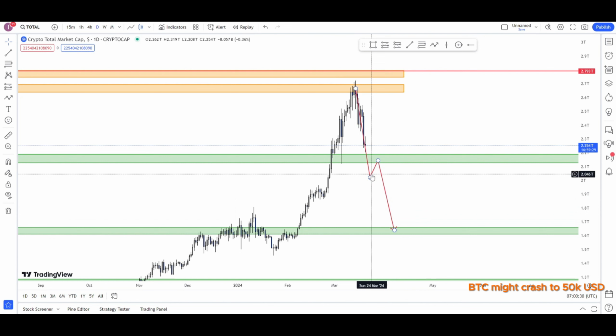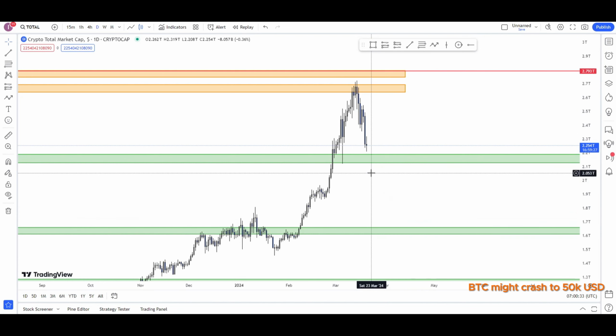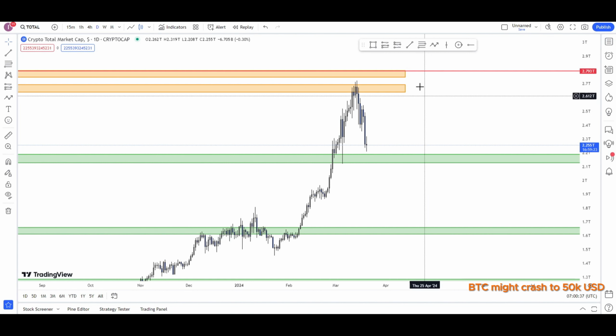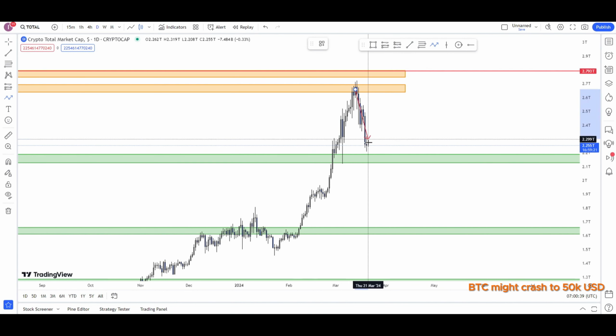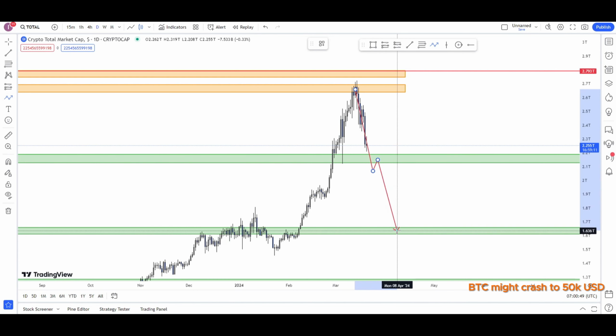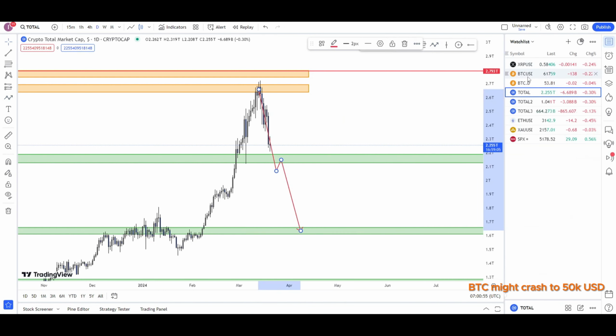So how much will Bitcoin be by then? In the event the total market cap breaks 2.1 trillion and heads towards 1.6 trillion, let's go to Bitcoin.